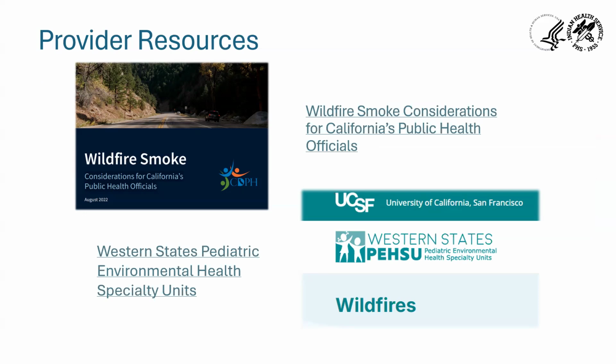Very useful. Next is the Western States Pediatric Environmental Health Specialty Units. There are tons of resources on here as well, specifically aimed at children and pregnant women. They have lots of handouts and additional links to resources for that. Again, a very awesome resource.